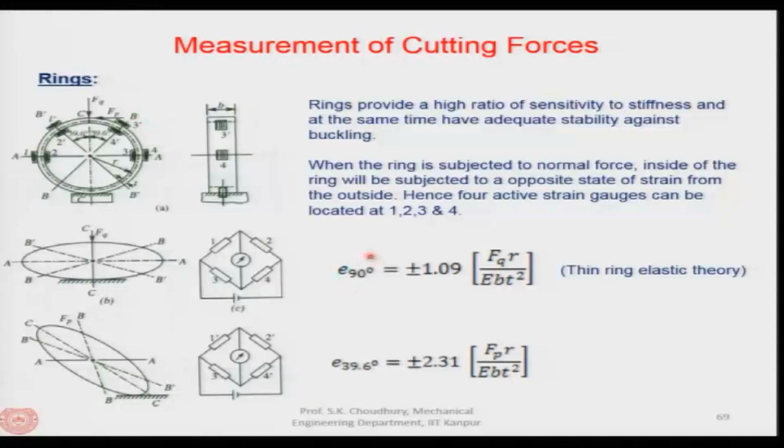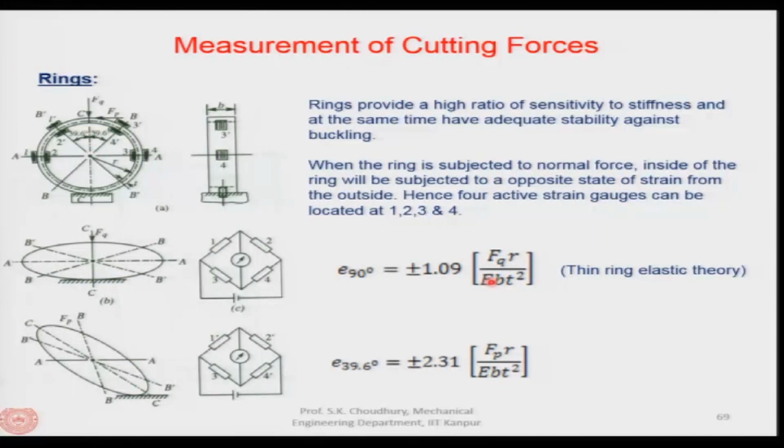39.6 degrees. Now, it has been seen that E90 at 1, 2, 3, 4 will be plus minus 1.09, this is the coefficient, times FQ, because it will be sensing the FQ, times R, where R is the inside radius, from the center up to the dotted line shown here.